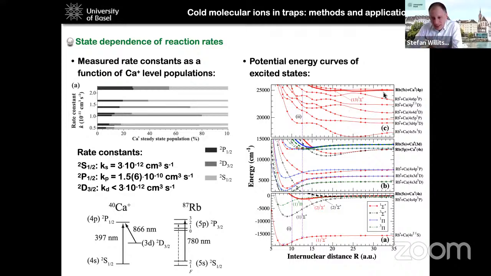What one can already glean from looking at this is that if we have a collision on this curve here, if the two come together, then we have many crossing points. In this case, they are drawn as avoided crossings with other molecular states, which give multiple opportunities for non-adiabatic charge transfer. And of course, there can also still be radiative processes, and you can radiate down to a variety of different states down here.